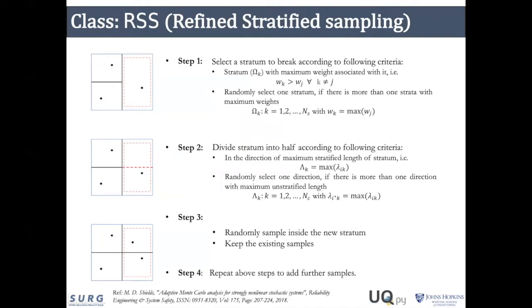And if we have more than one direction which has the maximum width, then we randomly select a direction among them and break our strata in half along that direction. Once we have done that, the third step is to randomly generate a new sample inside that strata, and keep on repeating that step until we have reached the desired number of samples.